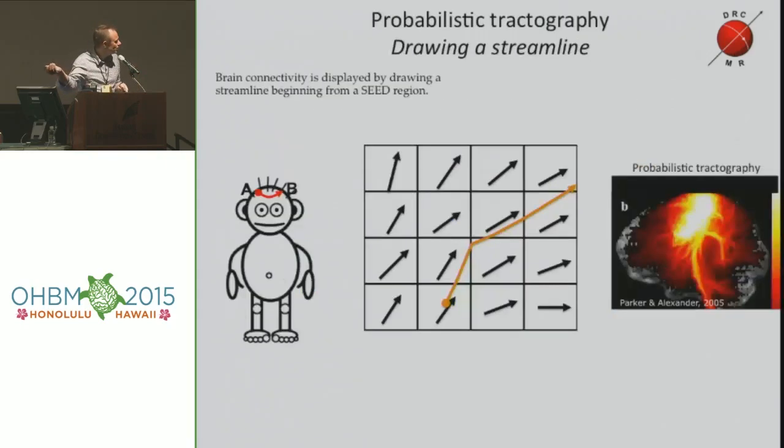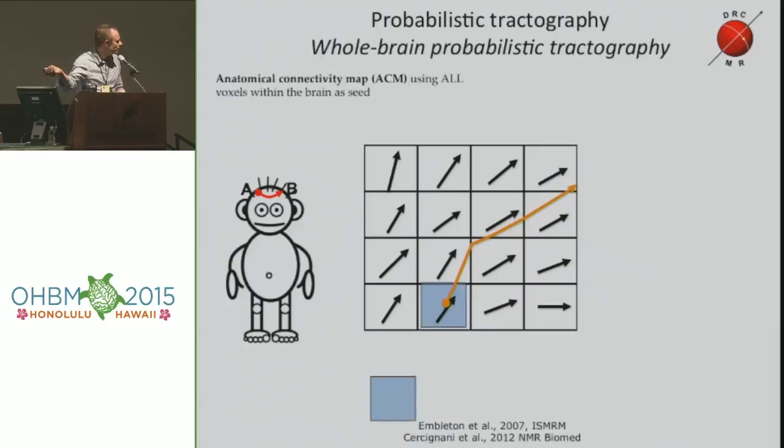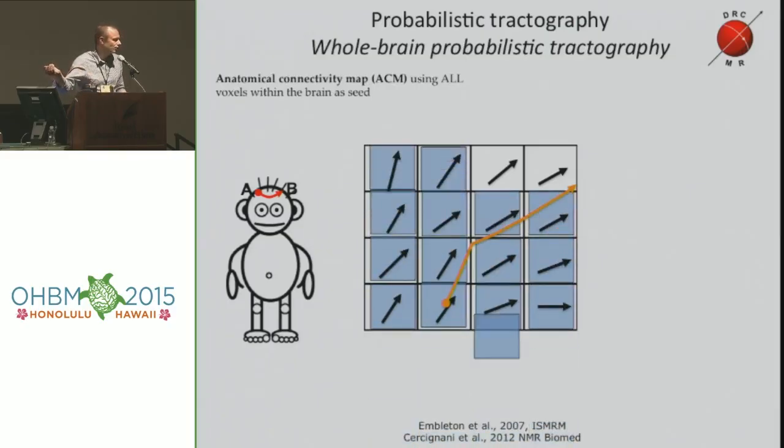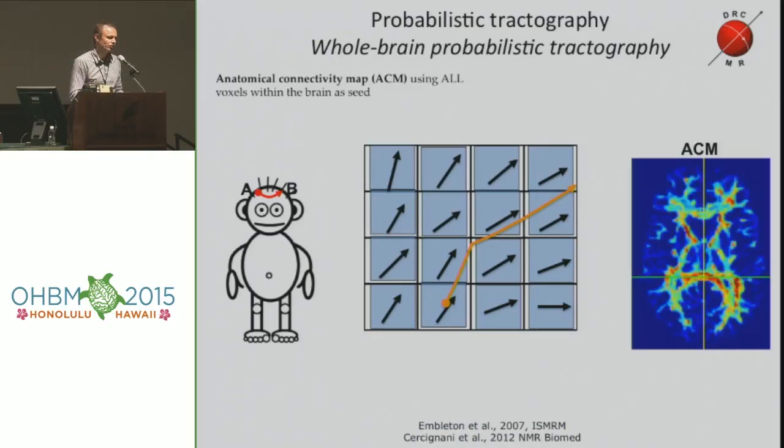One way to do that is using tractography in a new way. We have the classical probabilistic approach here. But if we now do probabilistic tractography from each voxel of the brain, we get a large number of streamlines, and then in each voxel we count the number of streamlines from each of these seeds. Then we get a voxel-wise map, like this one.